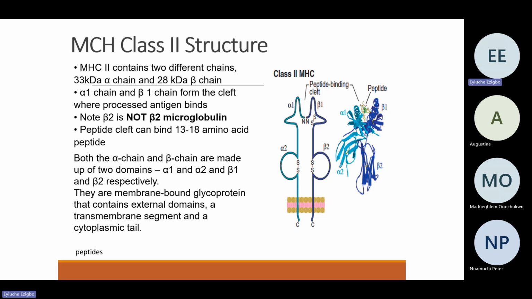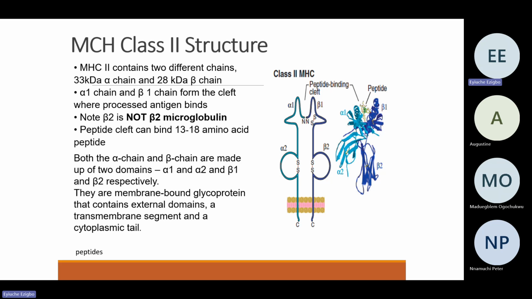Alpha 1 and beta 1 form the binding cleft where the antigens that it processes are presented to the T cells, like what we see in the MHC class 1 structure, where the peptide binding groove is formed by alpha 1 and alpha 2, but here it is formed by the alpha 1 and beta 1 chains.